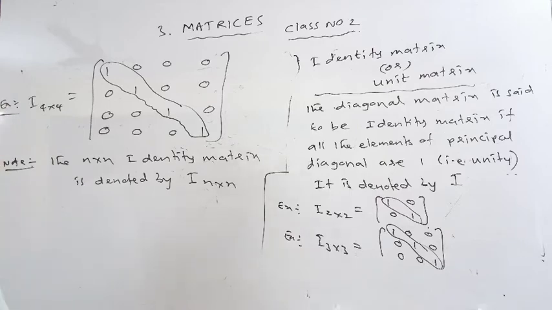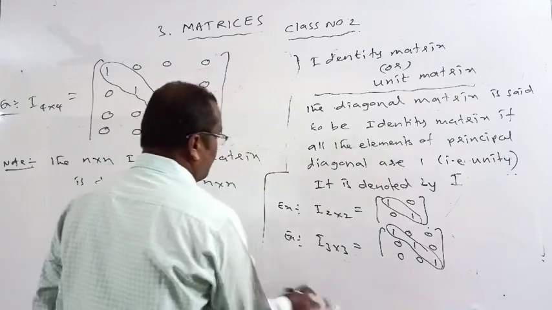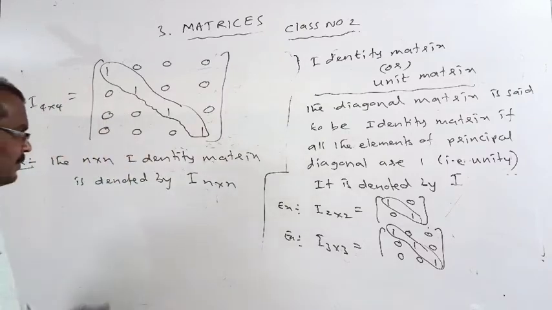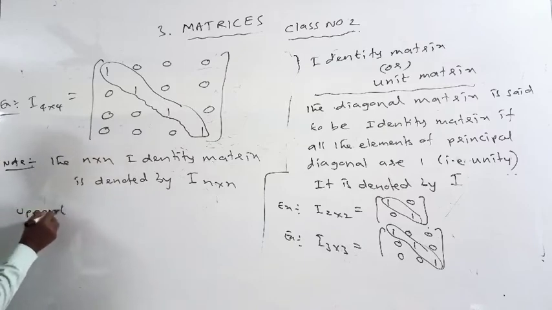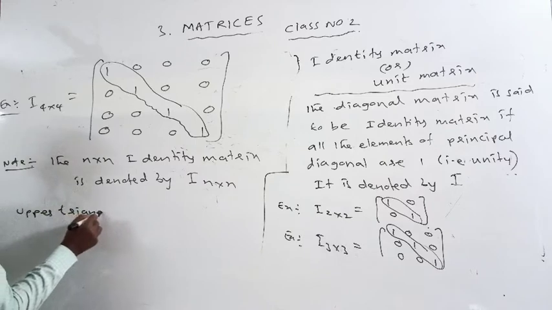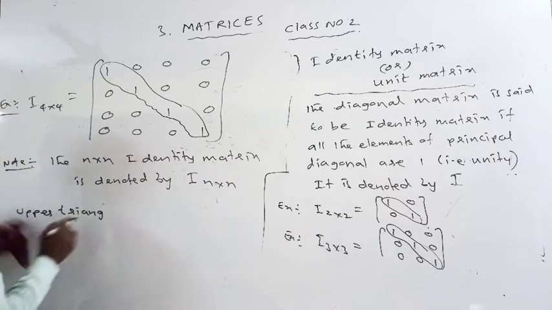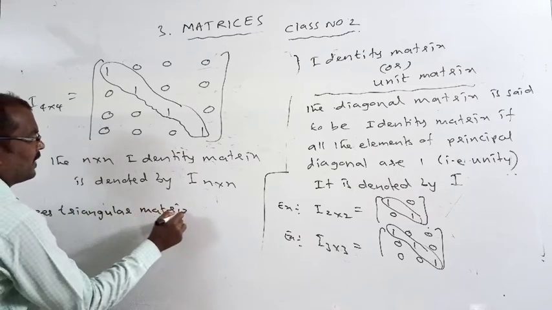Next one is upper triangular matrix. Next side thing is upper triangular matrix. Very important in the examination point.